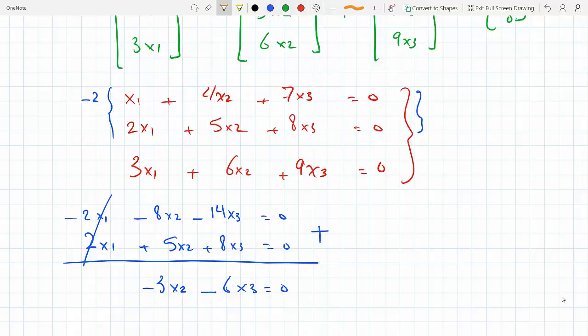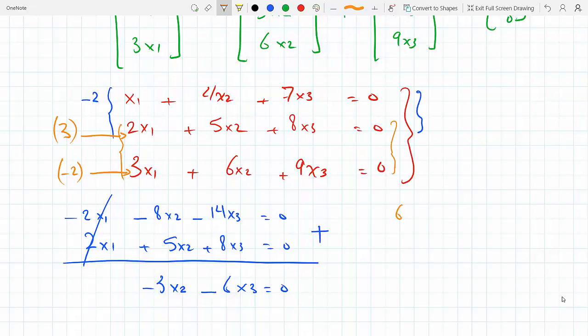And now I could also eliminate x1 from the next two equations. So I could take both of these equations, multiply the first one by 3 and the second one by minus 2. So I would eliminate, because I would get 6x1 minus 6x1. So let's do this here on the side.